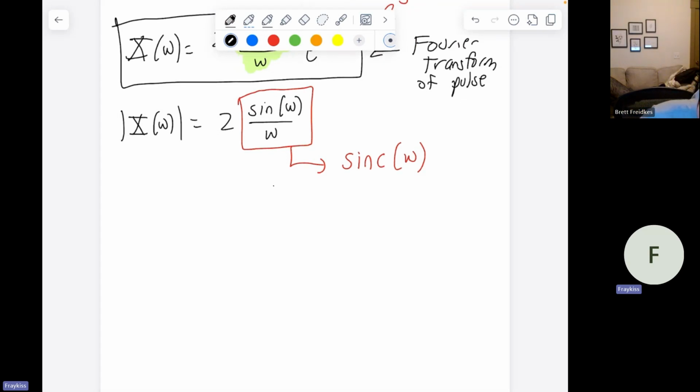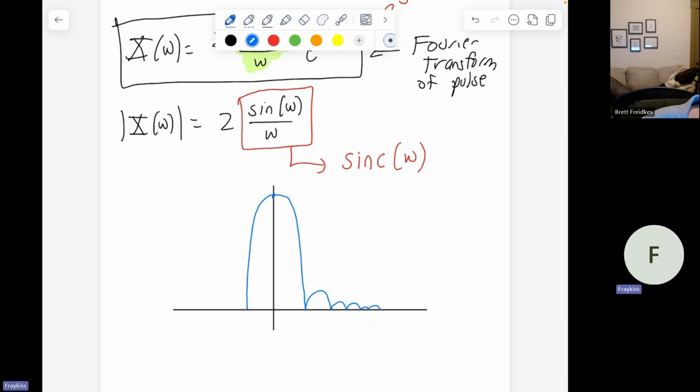And the sinc function has this really interesting shape where we end up with these little tiny lobes that are symmetric.